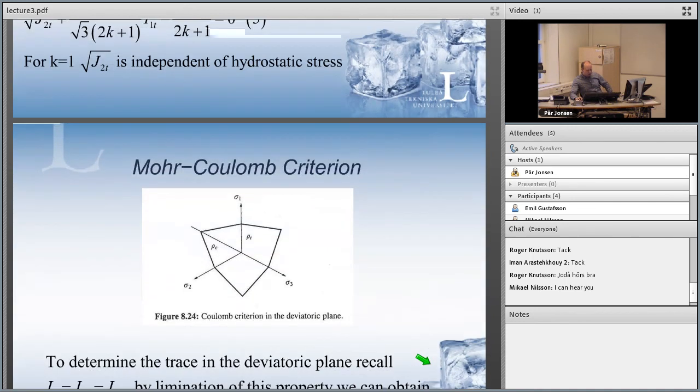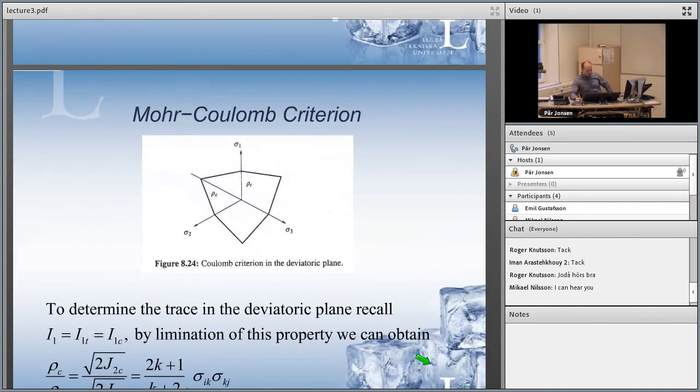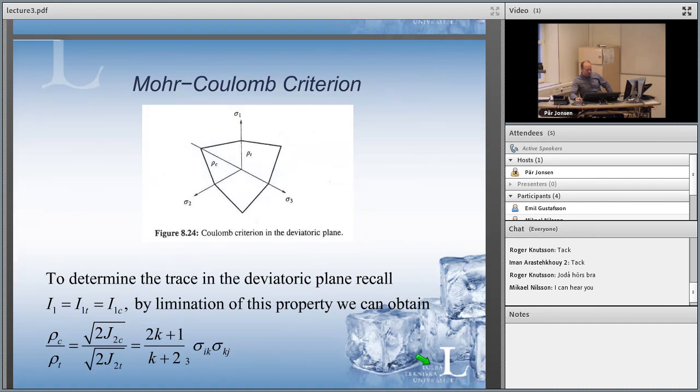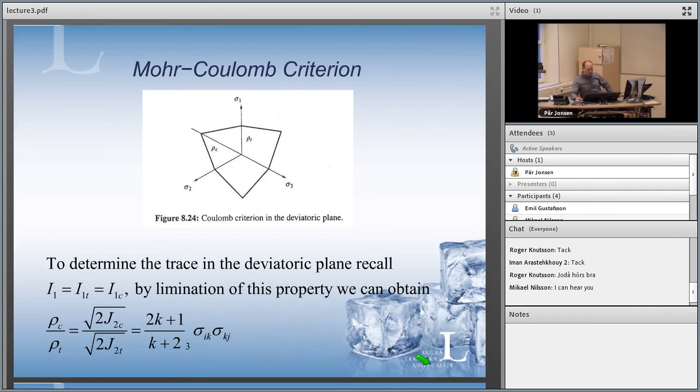And if you plot the trace of this one, you will have something that reminds you of the Tresca criteria with these straight lines here. But still it's a cylinder in stress space. So you have a pressure-dependent cylinder.